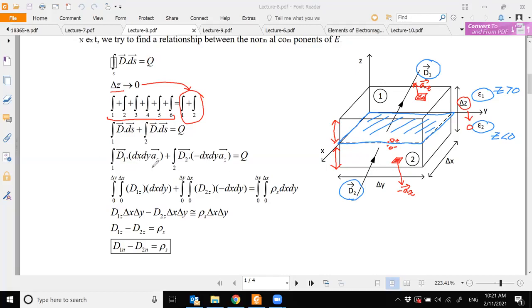Now you know it very well, so it is a dot product with aZ. Therefore, the X and Y components of my D1, when dotted with aZ, will become 0, so only the Z component will stay.